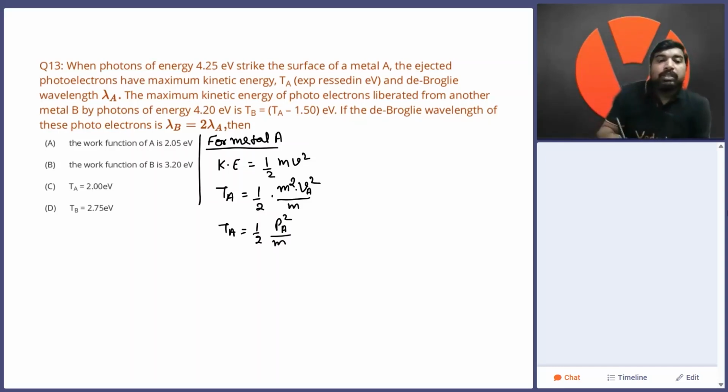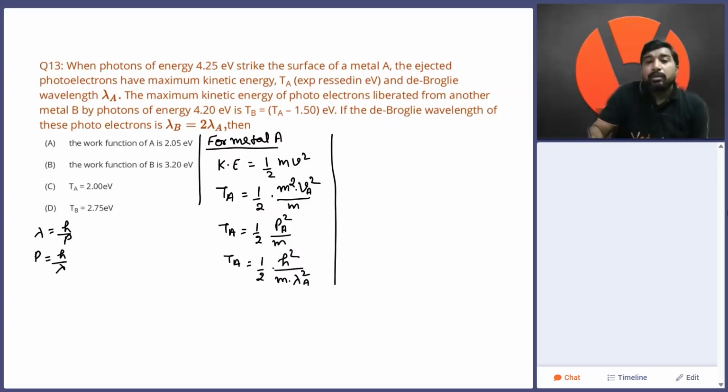As we know from de Broglie wavelength, lambda is equal to h upon p, so from here p is equal to h upon lambda. Now put the value: Ta is equal to half into h square upon m into lambda a square. Similarly for metal B, Tb is equal to half h square upon m into lambda b square.